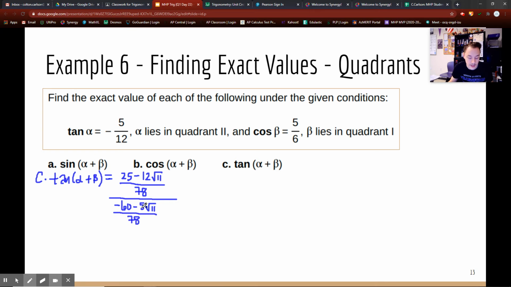What is this? Well, the 78s cancel right here. So now I'm left with 25 minus 12 times radical 11 divided by negative 60 minus 5 times radical 11.